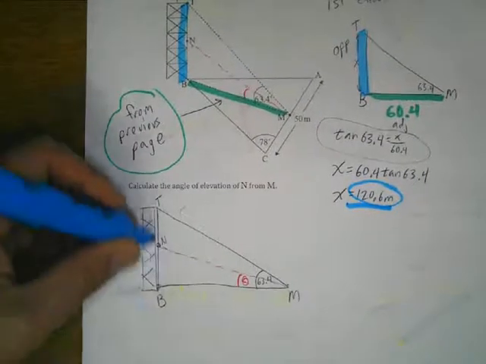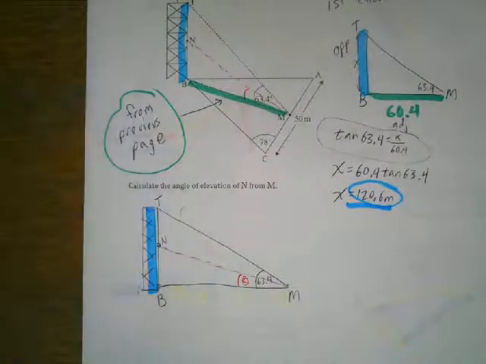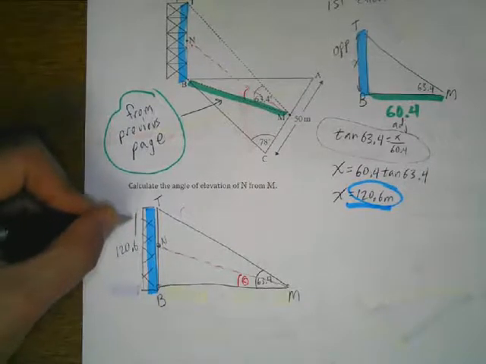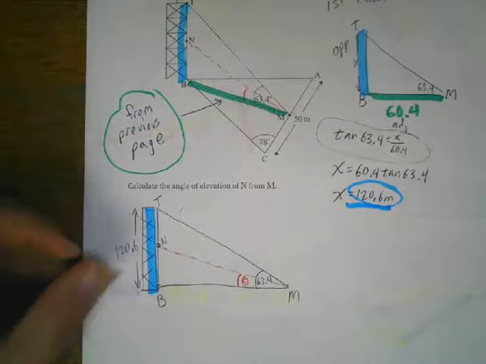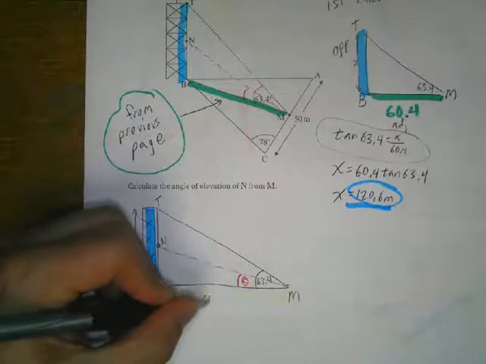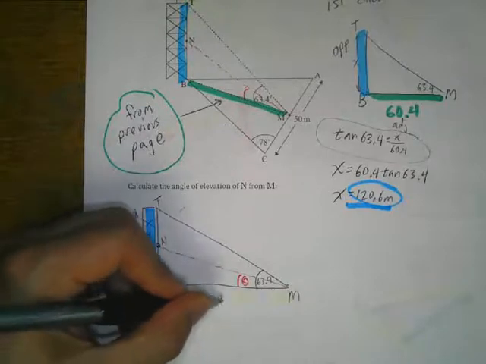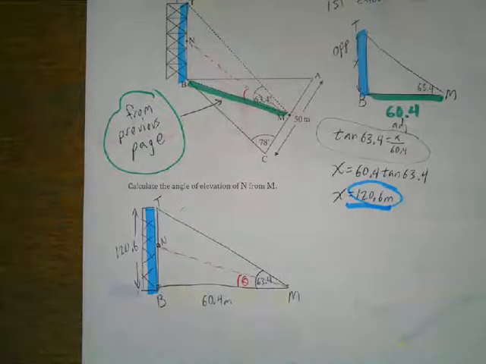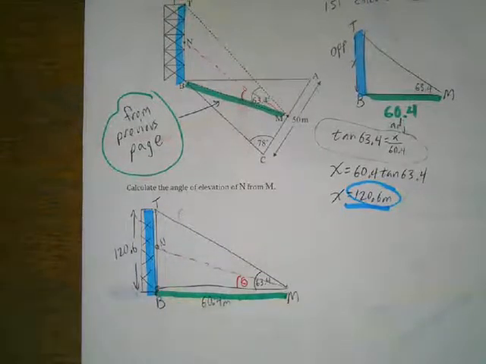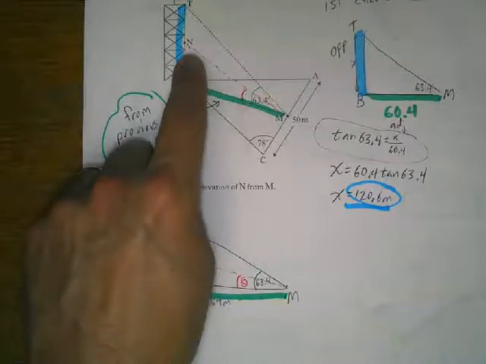Okay, so now I'm going down to this picture here. We know this is 120.6. We know this distance from here to here is 60.4 meters. And N is halfway up, right?